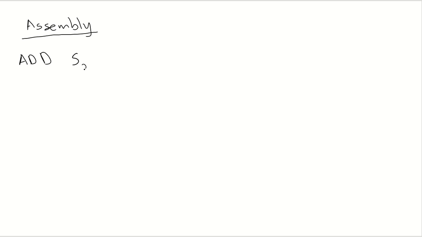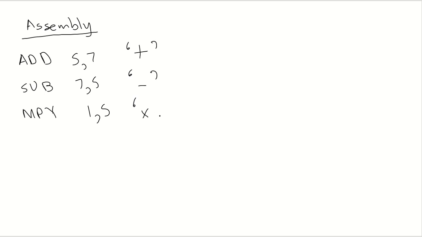Add 5 7, sub 7 5, multiply 1 5. Obviously it might be a bit not understandable, but it's actually very simple. ADD means add, literally, and SUB means subtract or minus, and MPY means multiply.